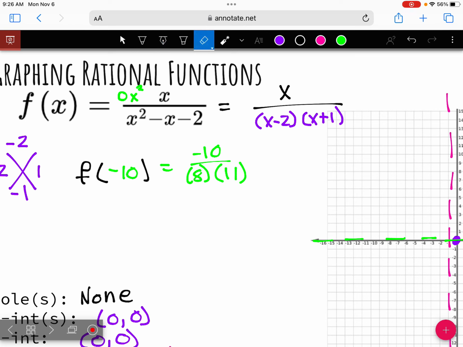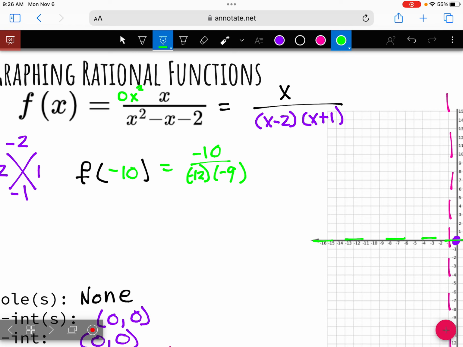Sorry, not thinking. -10 minus 2 gives us -12. And -10 plus 1 is -9. I was totally just testing us, making sure we're paying attention. Totally not at all that I was flying ahead and not paying attention.